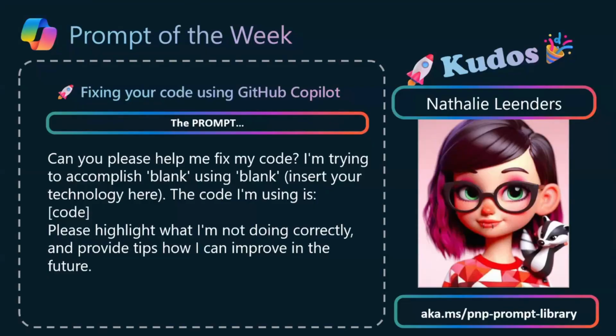So Natalie, thank you for contributing. The prompt of the week is related to Copilot in GitHub: asking the GitHub Copilot to review and help you with your code. Could be adaptive card code, JSON definitions, it could be something else, to help you to be more efficient on that one. So thank you, Natalie, for sharing your prompt on this one.